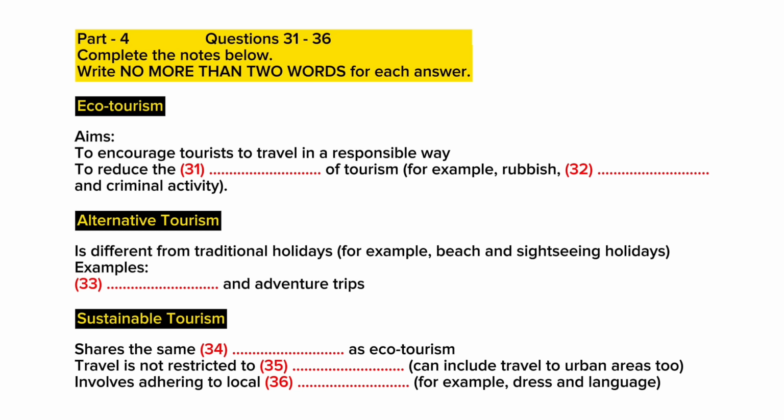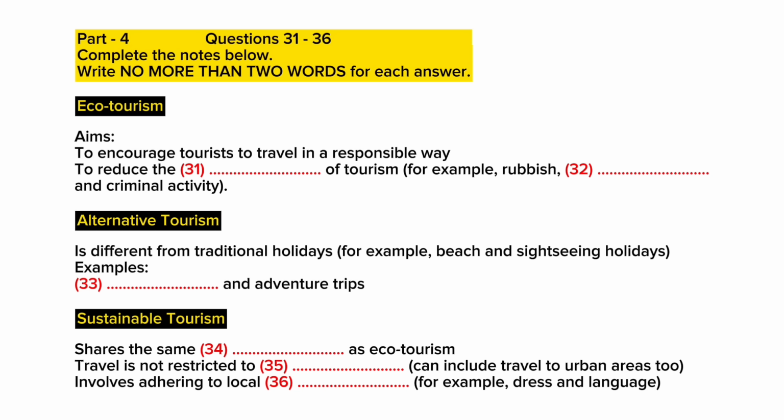In essence, it aims to minimize the negative impacts of tourism that we looked at earlier on in the course. Problems such as litter and water pollution, crime and so on, and, at the same time, to encourage travellers to have a positive impact on the places they visit. Now, there are many other words to describe a similar idea to ecotourism.